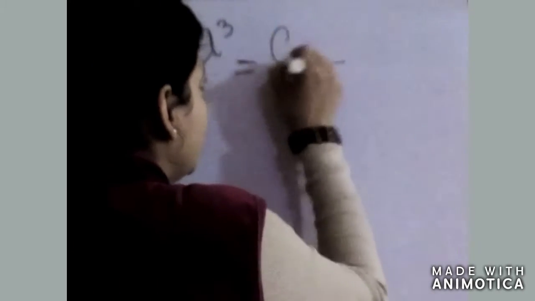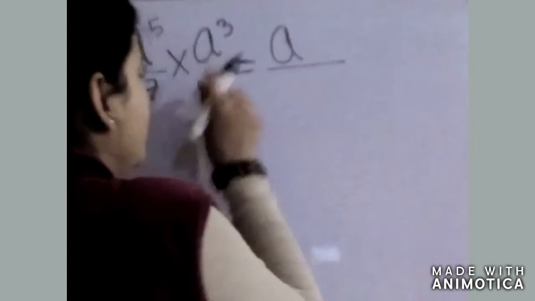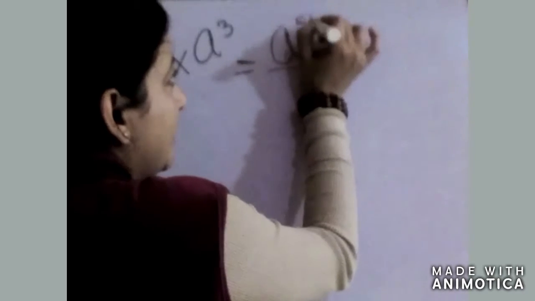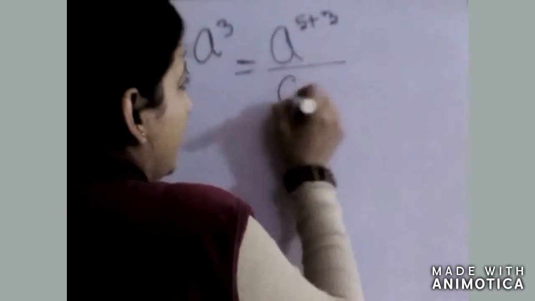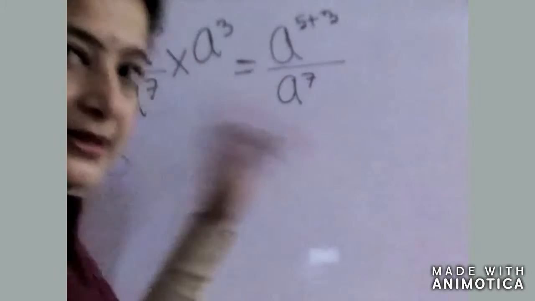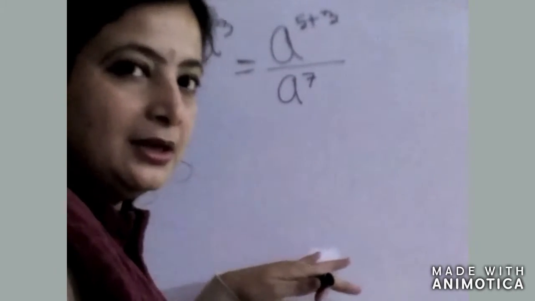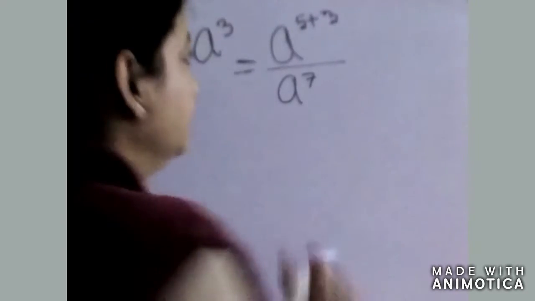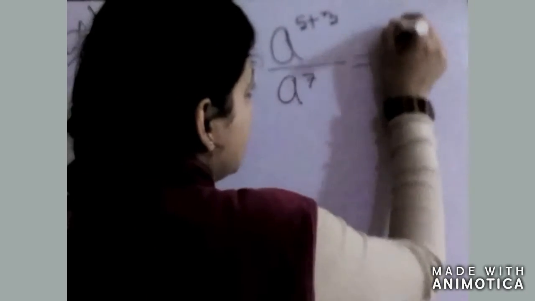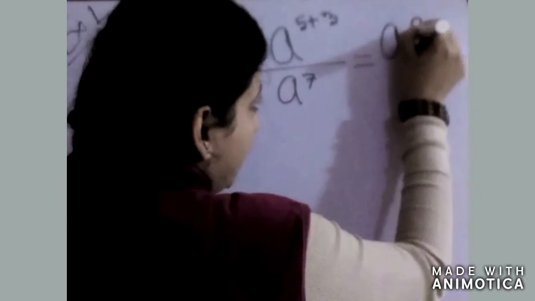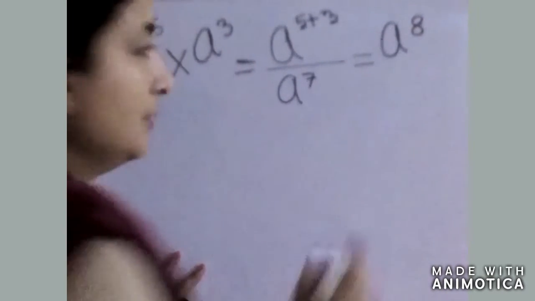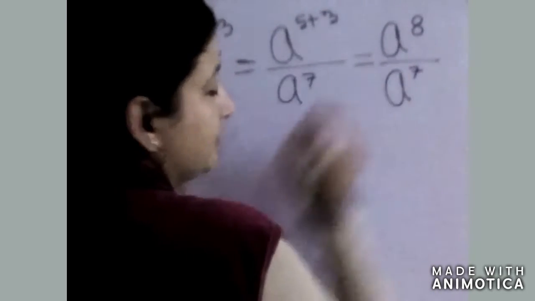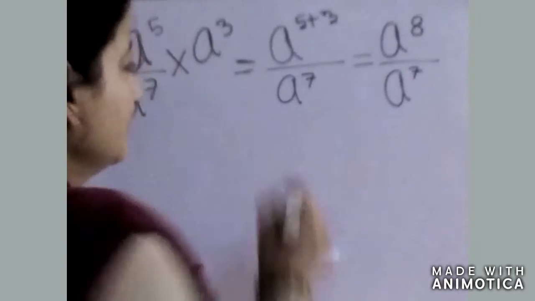First we do the work of the numerator, then the denominator. Here 5, here 3. So according to the rule it will be 5 plus 3, m plus n, and I am keeping a to the power 7 as it is. We can do all these things together, but in the beginning I think it is better if we do it step by step. So it gives us a to the power 8 by a to the power 7.